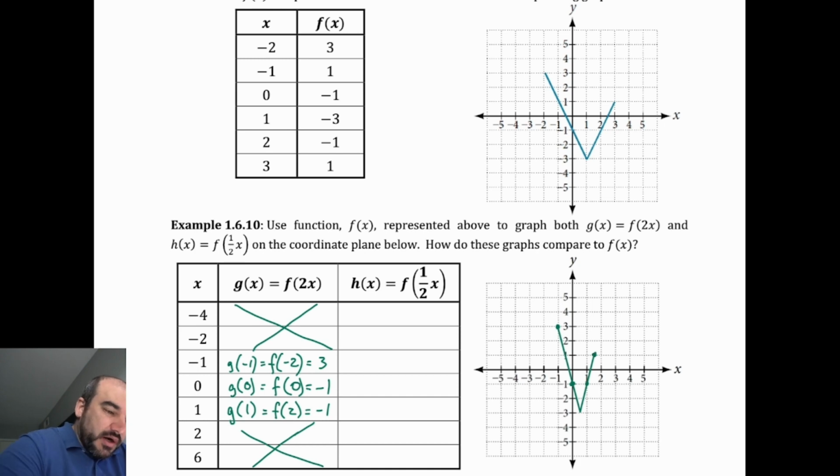Some of these points are not represented in the table here, but if you were to take points from here, like this point, 3 comma 1, that got horizontally compressed to 1/2 comma 1. So this, let's make a note, is a horizontal compression.